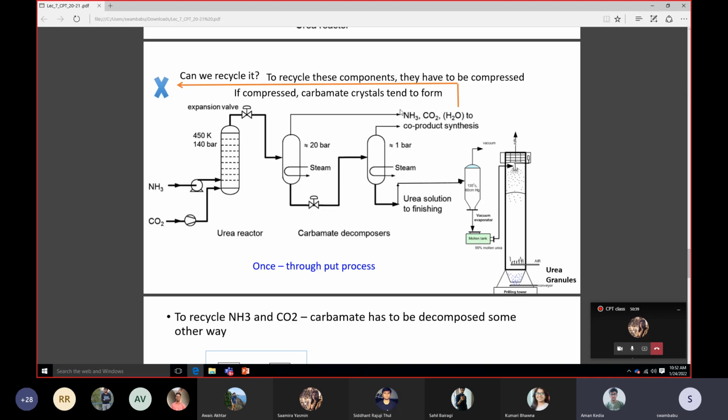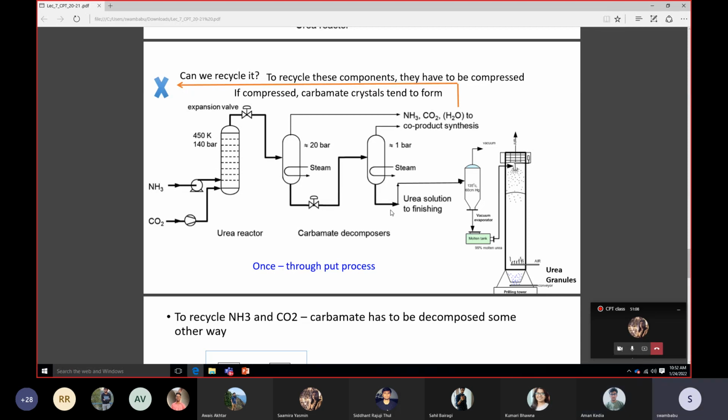That way, all the ammonia and CO2 is removed by gradually reducing the pressure. Again, we provide some heat here because while reducing pressure, there is a chance of urea forming granules, because urea is a solid at atmospheric pressure and temperature. So again we apply some heat so that the urea stays in the liquid form.